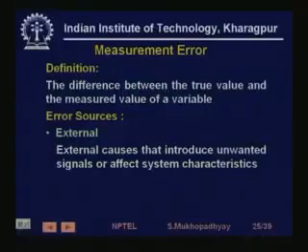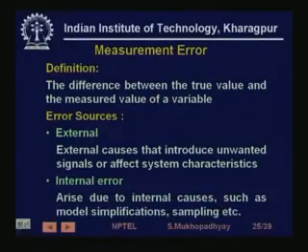So errors can come from different sources. They may be internal or they may be external, right? Similarly, there may be external causes that introduce unwanted signals or affect system characteristics. Sometimes, for example, especially if you have a Wheatstone's bridge, if the supply voltage to that bridge changes, then the whole gain of the bridge will change.